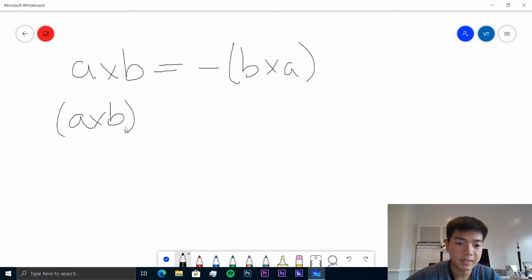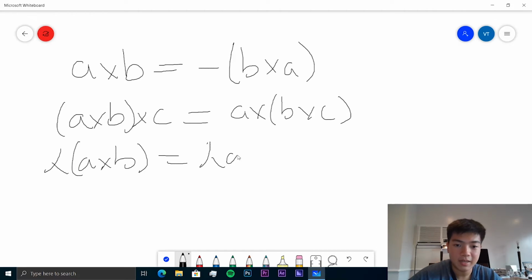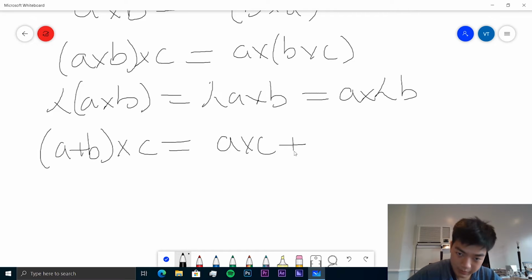Next, A times B times C is equal to A times B times C, so that still holds true. Lambda A times B is still equal to lambda A times lambda B. And finally, A plus B times C is still equal to A times C plus B times C.